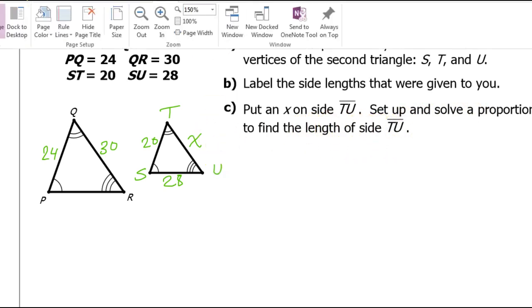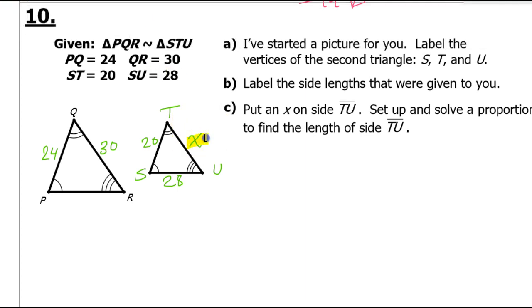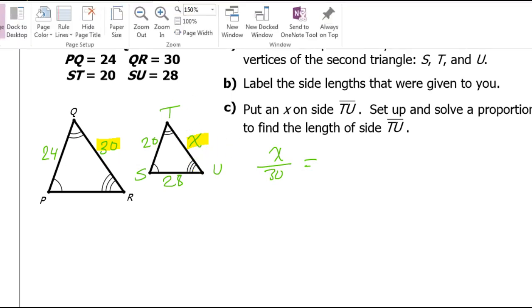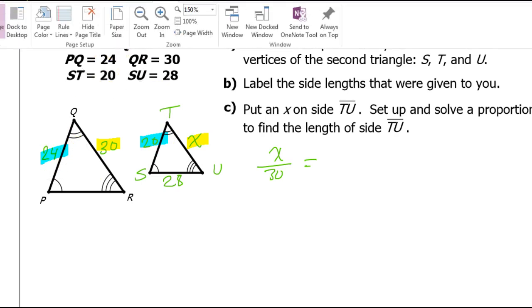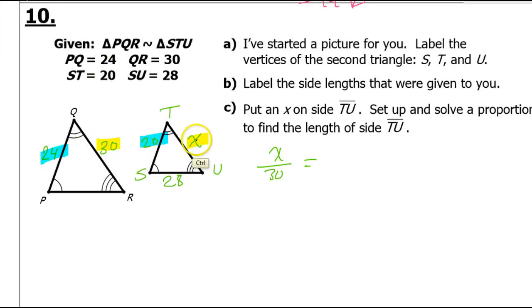Okay. Well, looking at corresponding sides, so I know that TU corresponds with 30. So I could do X over 30, for example. I need another pair of corresponding sides. Okay, I could do 20 and 24. So following the same pattern, X over 30 equals 20 over 24. Both of these are divisible by 4.